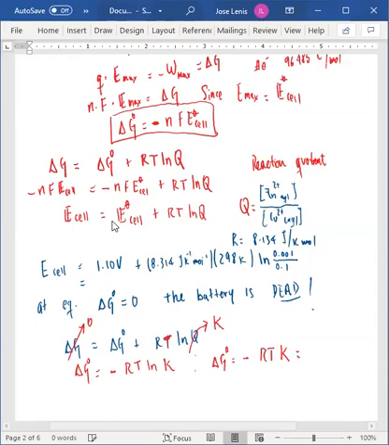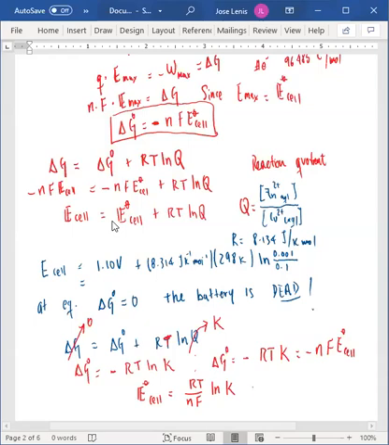It's going to be negative NF standard potential of the cell by definition. So the standard potential of the cell at the equilibrium will be RT over NF natural log of K.